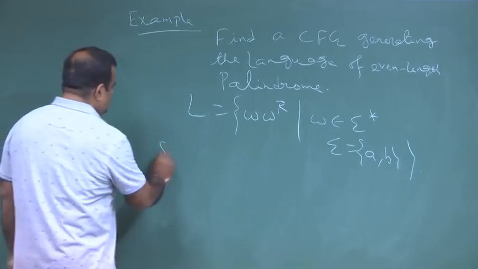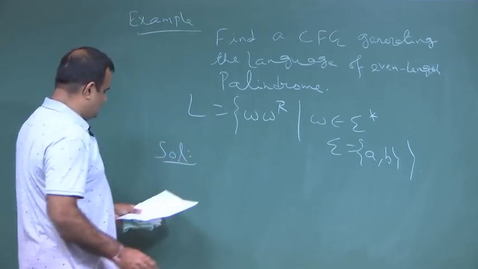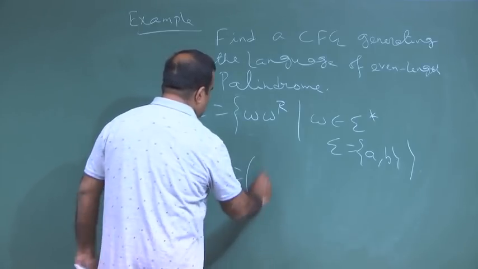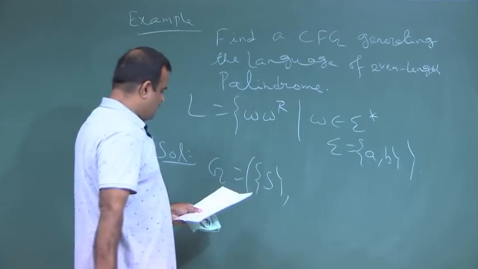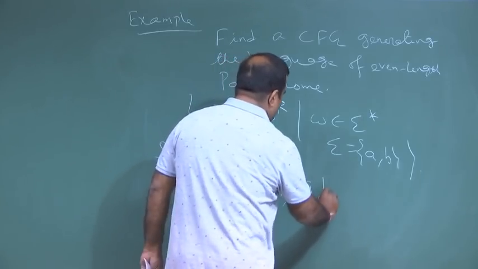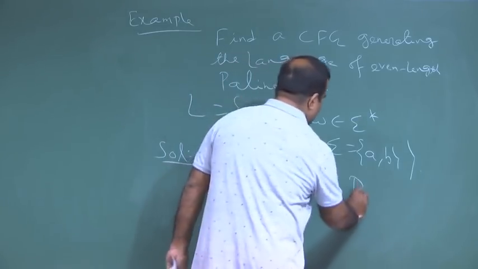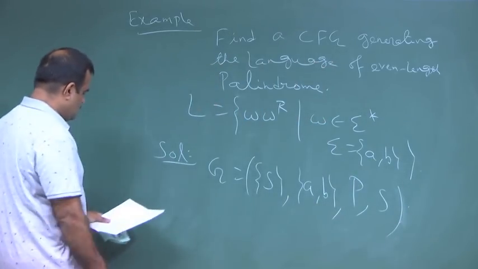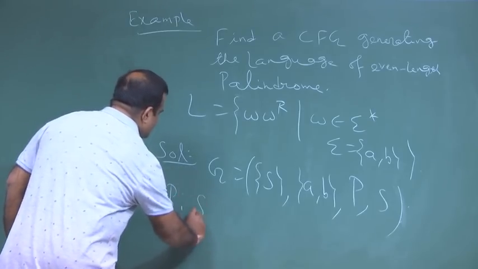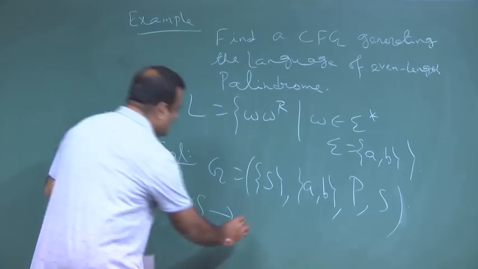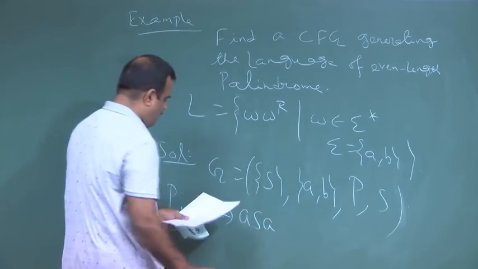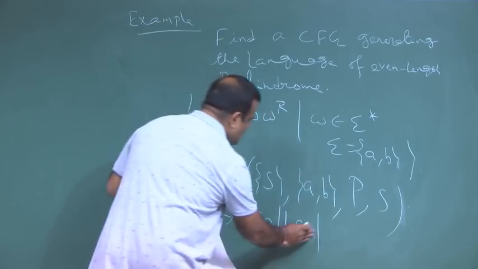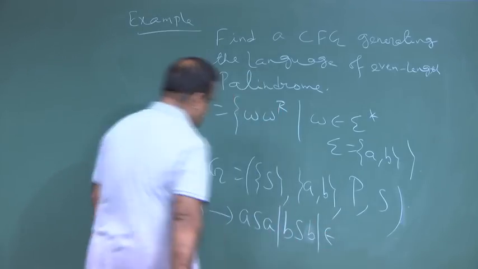So now, how to generate it? We can start with only one variable S, and the terminals are just A and B. So what are the rules? P is defined as S goes to A S A, or B S B, or epsilon, that is all.